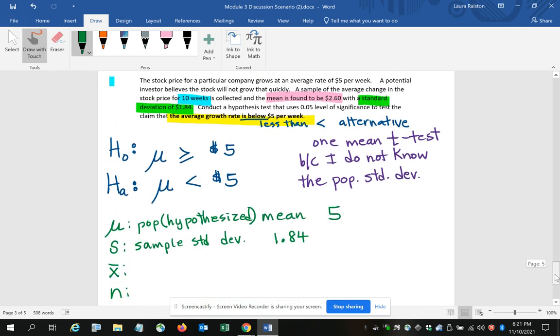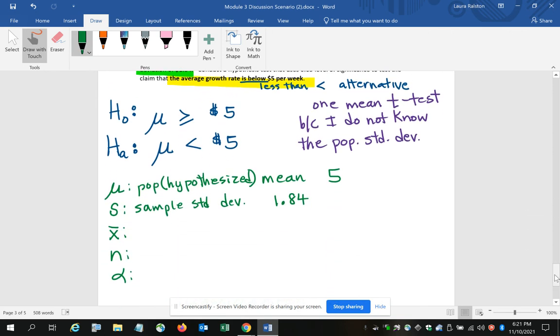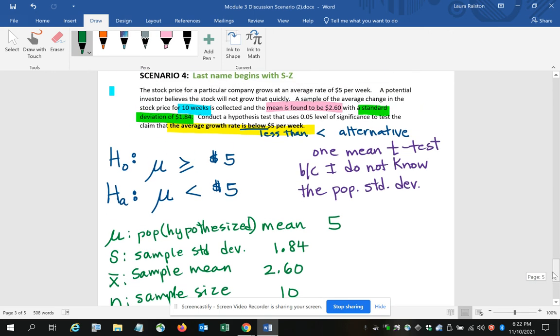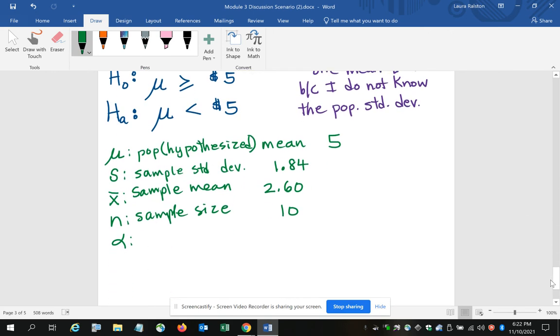So my sample mean is $2.60. My sample size is 10. And Use a 0.05. So alpha is 0.05, the level of significance.